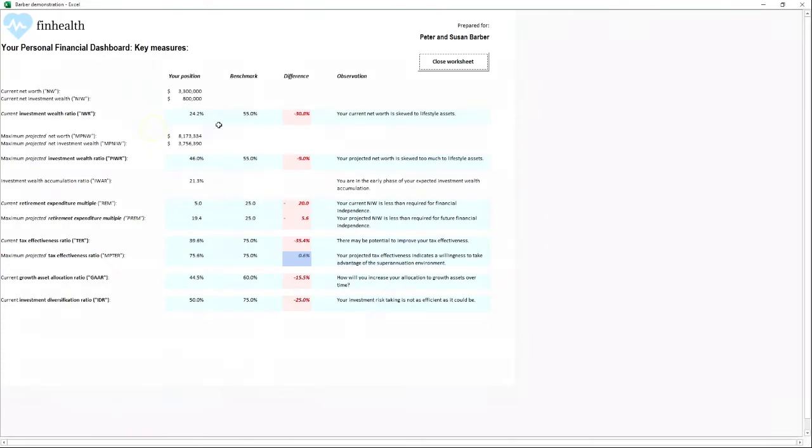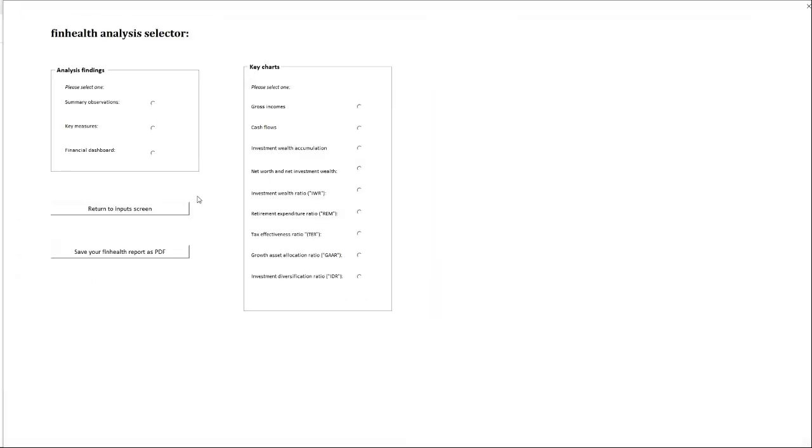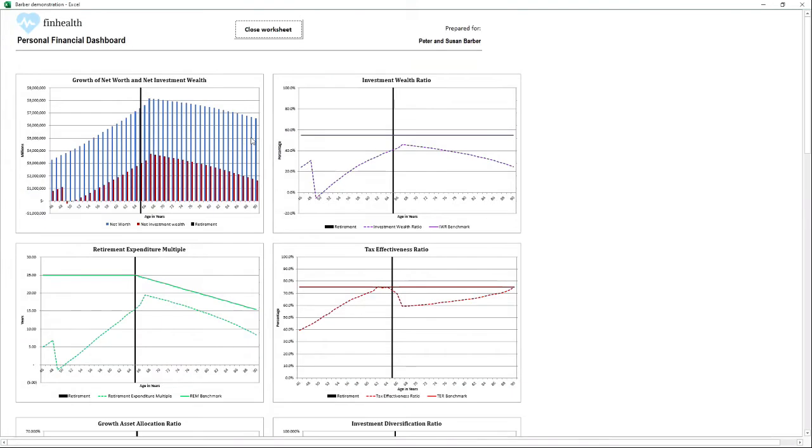Key measures. Among other things, it compares the Barbers' measures on the key indicators of financial independence with the finhealth benchmarks. And 3, a personal financial dashboard showing, based on the Barbers' inputs, how they are projected to track on the 5 key indicators of financial independence to Pete's age 90.